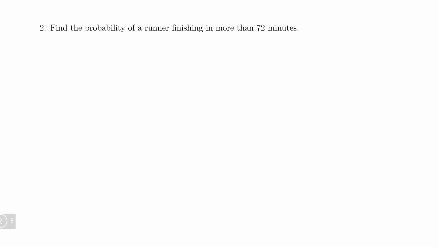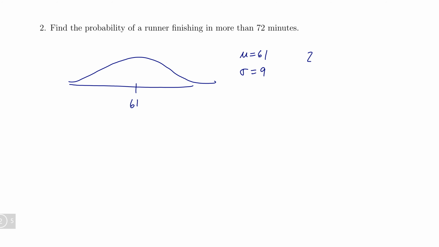Find the probability of a runner finishing in more than 72 minutes. So we still have a normal distribution with mean 61, so mu is 61, and standard deviation sigma is 9. We're looking for the z-score for 72 because we are trying to find the probability that a value in the distribution is more than 72 minutes.